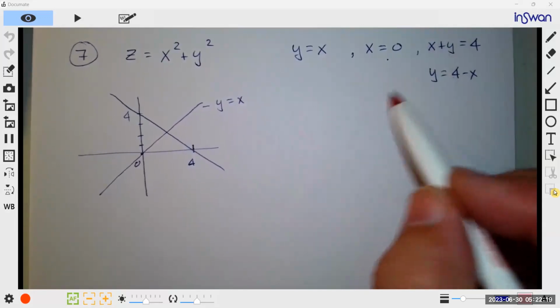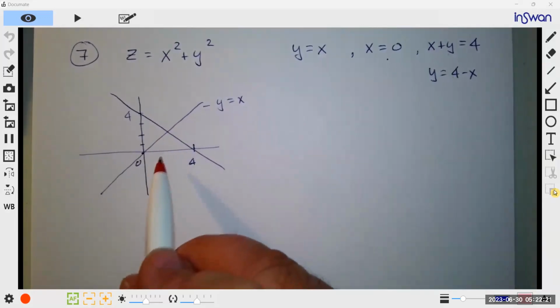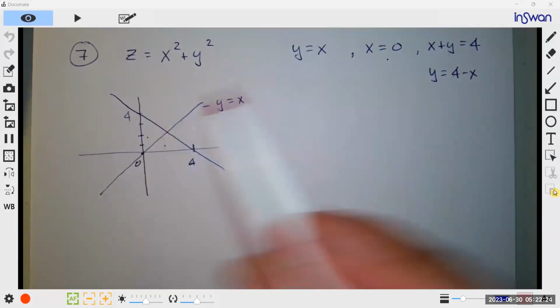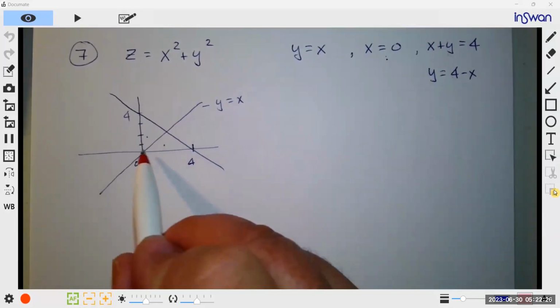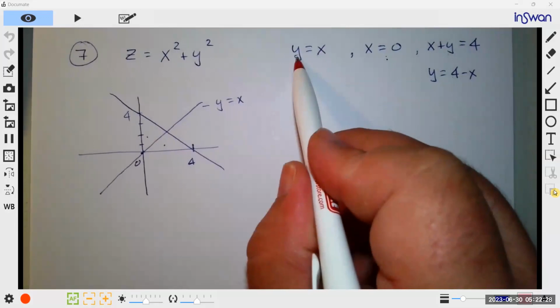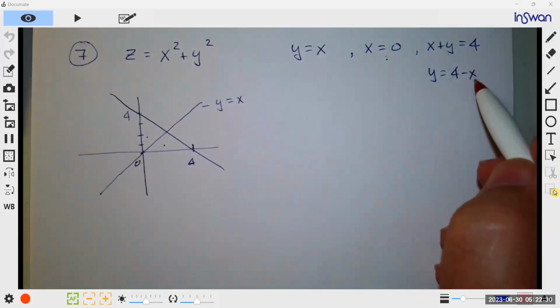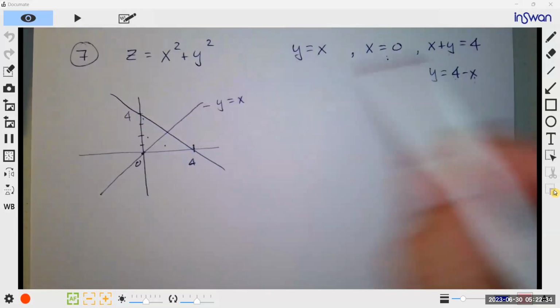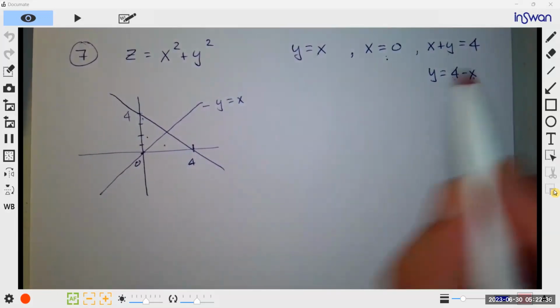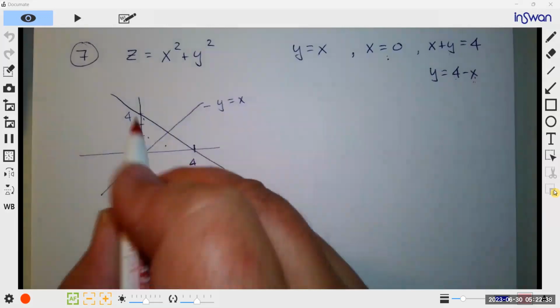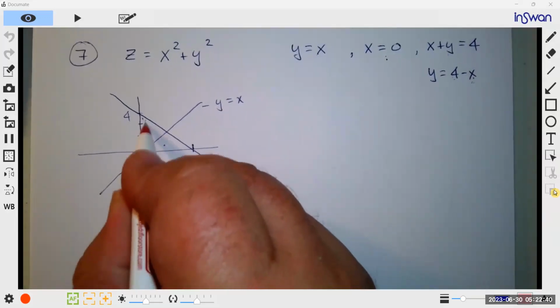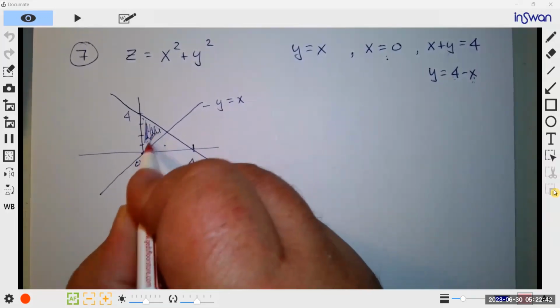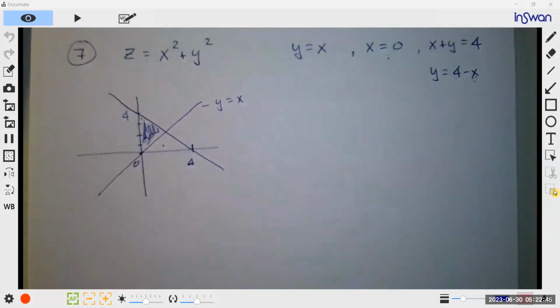Now, what part of the area do we need? When x is 0, y is 0. When x is 0, y is 4. When x is 1, y is 1. When x is 1, y is 3. So we're looking for this area. It satisfies our conditions.